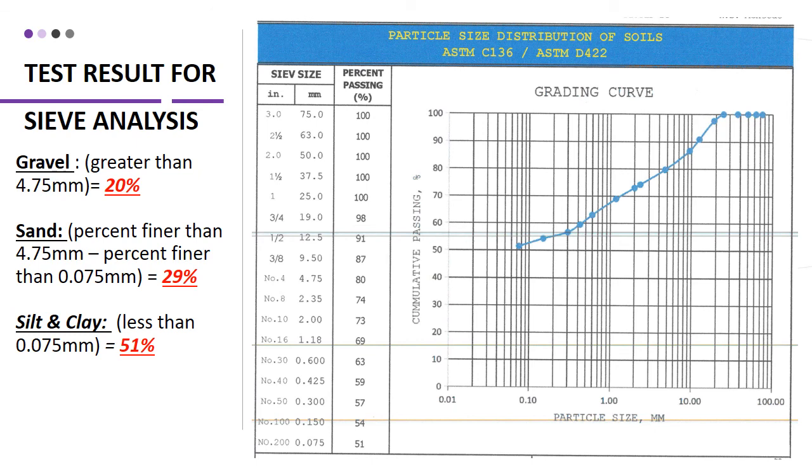So basically, automatically our silt and clay is the percent passing at sieve number 200 or 0.075 millimeter, equal to 51%. So that means that the soil that I have obtained contains 51% silt and clay, meaning more than half or almost half of the soil that I have obtained is fine-grained.